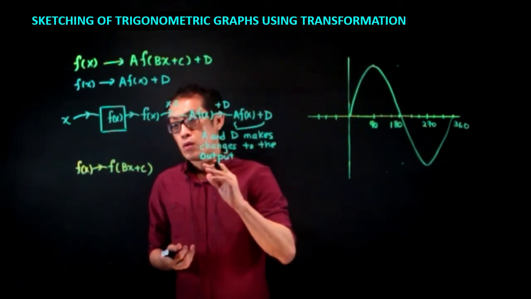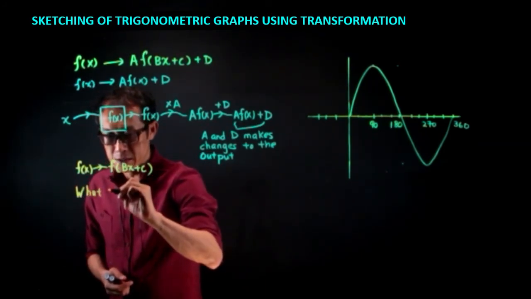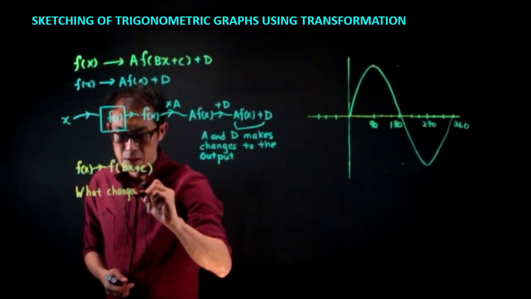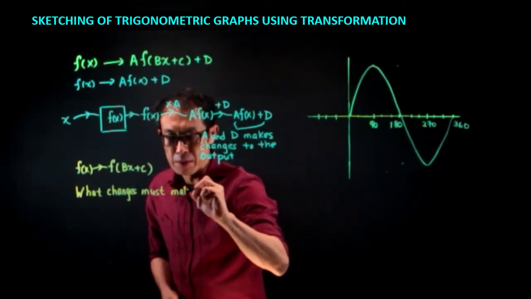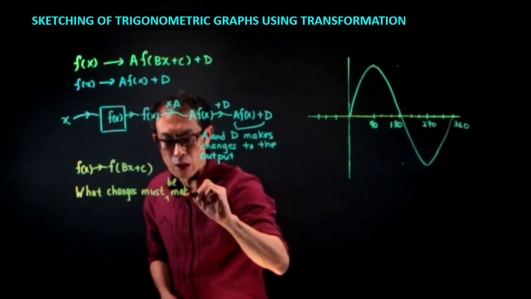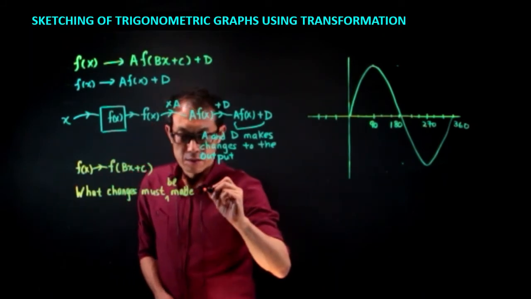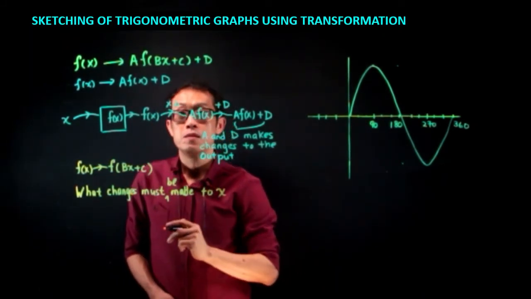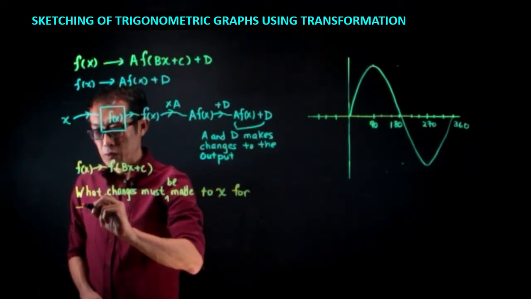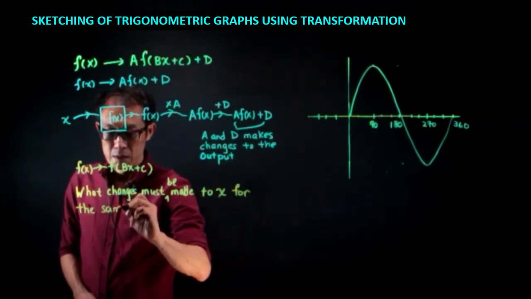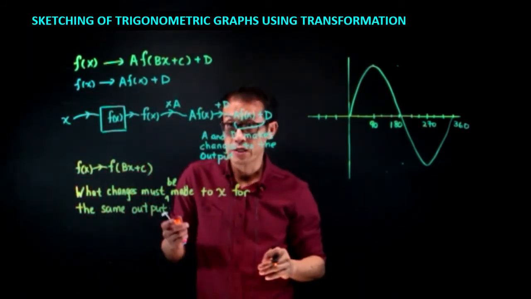How we look at it is: what changes must be made to x for the same output?